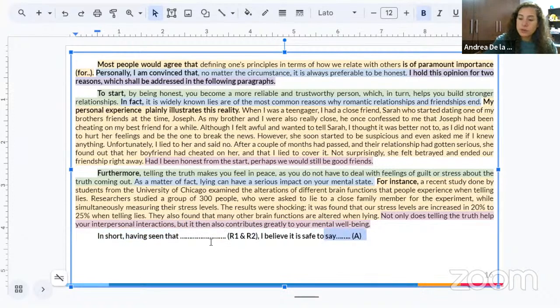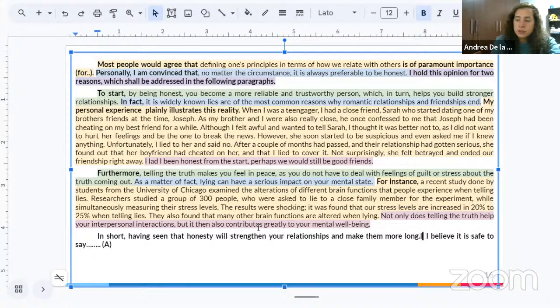So for example, we could say, in short, having seen that, like telling the truth or honesty, honesty will strengthen your relationships and make them more long lasting.